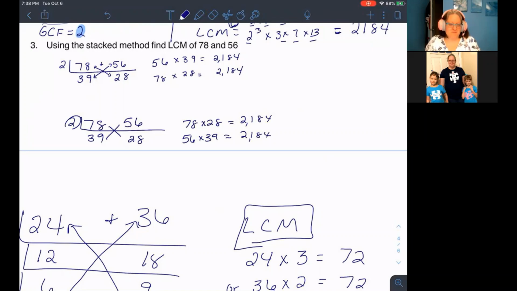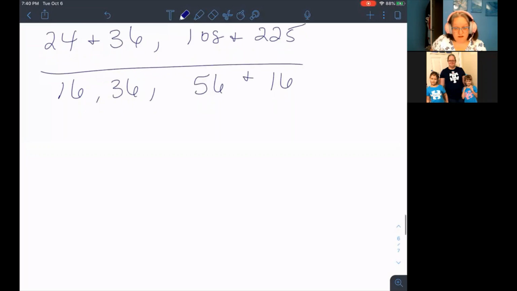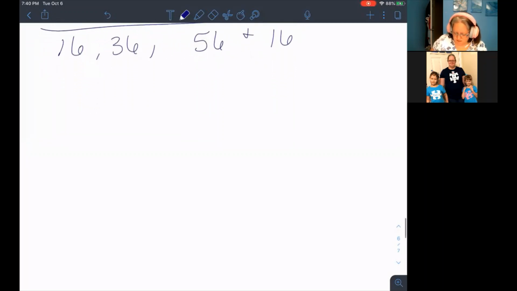All right, I'm going to write out some examples for you for the stacked method, comparing the two to find the least common multiple. See if it'll help make a little bit more sense. So we have 24 and 36. First we start with 24 and 36. We know they're both divisible by 2 because they're both even. 24 divided by 2 is 12, and 36 divided by 2 is 18. So 12 and 18.